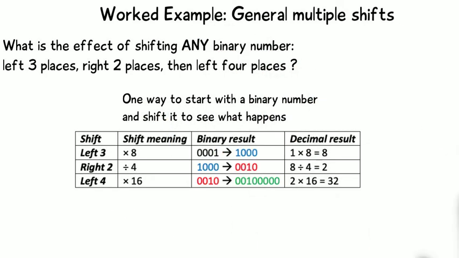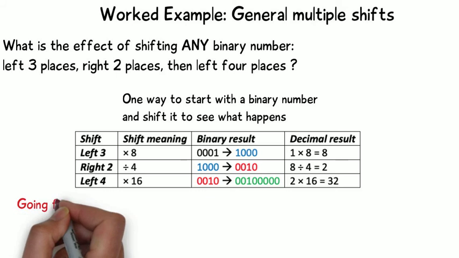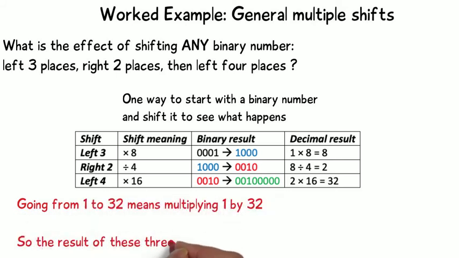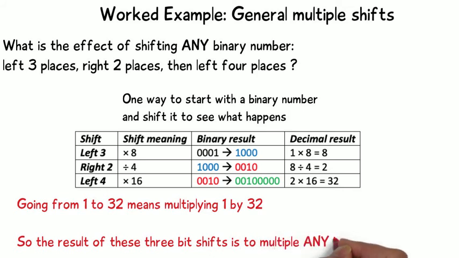So here's a table showing those shifts, left 3, right 2, left 4, showing what those shifts actually mean, and it's using an example number 10001 and showing what happens to that number. So what's basically happened to it is it's gone up to 32, so we've multiplied it by 32. So the result of those 3 bit shifts to any binary number is to multiply it by 32.